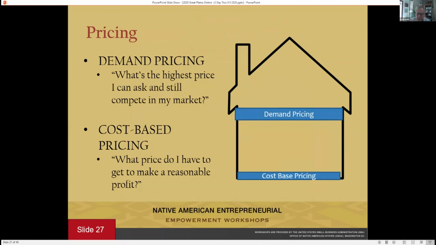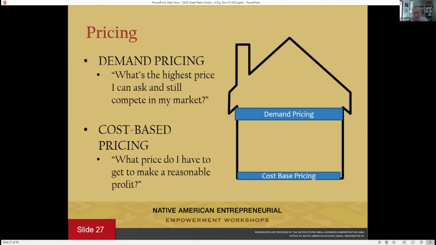The third thing is you want to be thinking about pricing. And there's like two basic levels of pricing. One is what we call demand pricing. And that's the highest price that the market will bear. The floor is what you'd call cost-based pricing. What price do I have to get to make a reasonable profit?